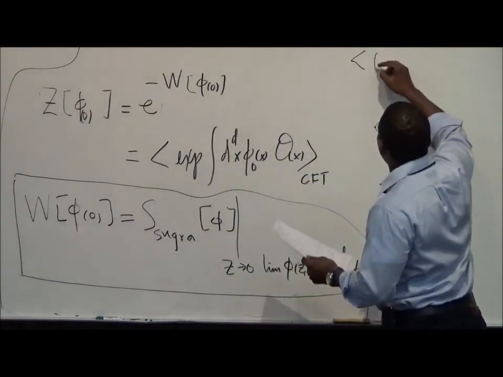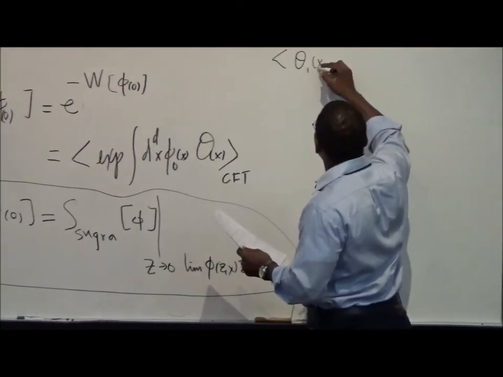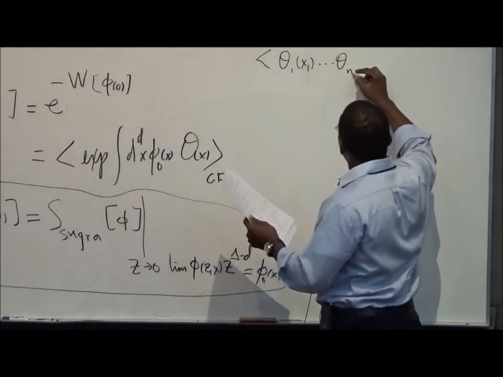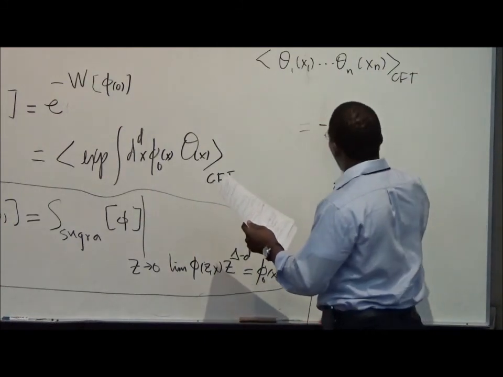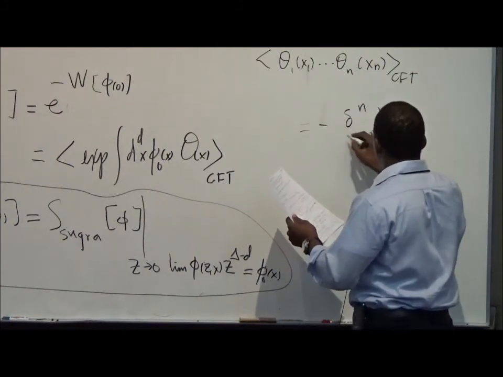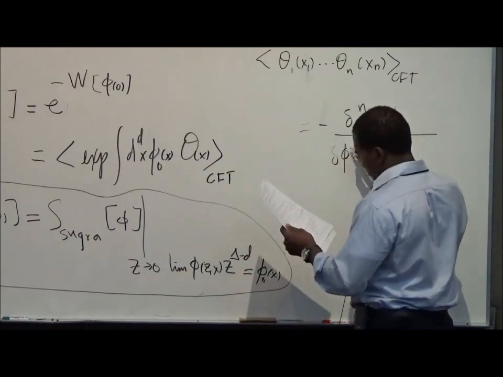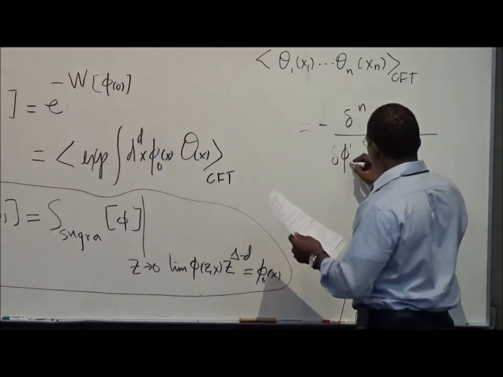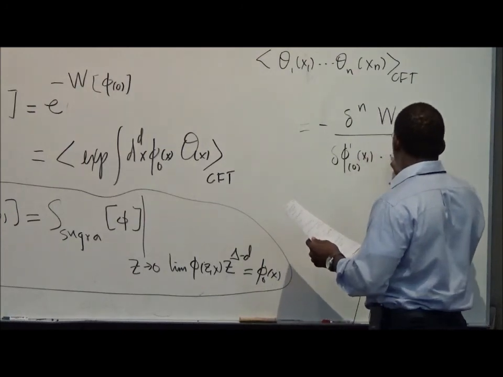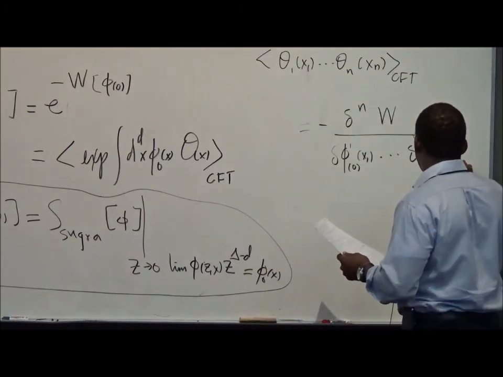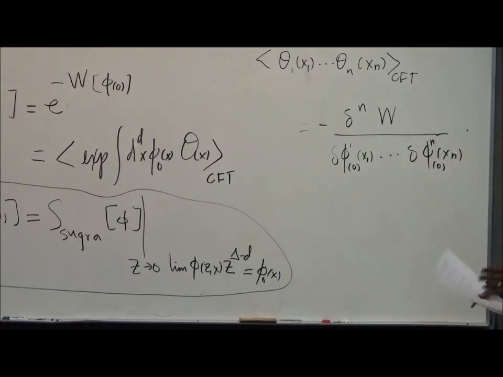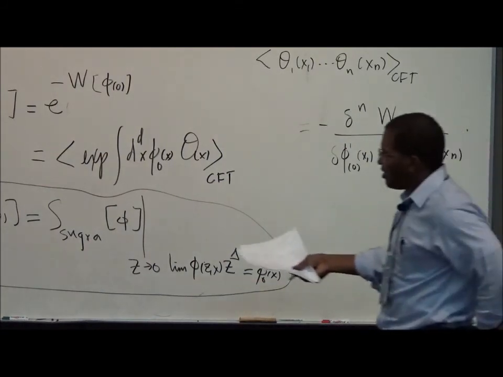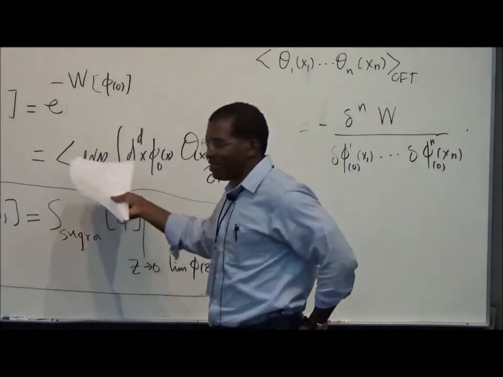The correlator of this operator at x1 through xn in the CFT will be given by differentiating this functional. So I can compute any correlator in field theory using the supergravity action, the gravity action.